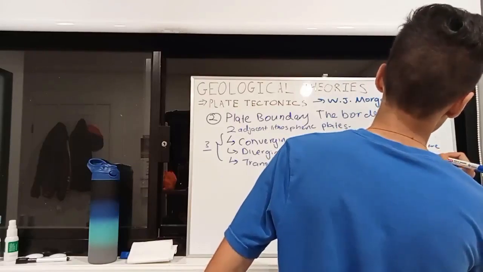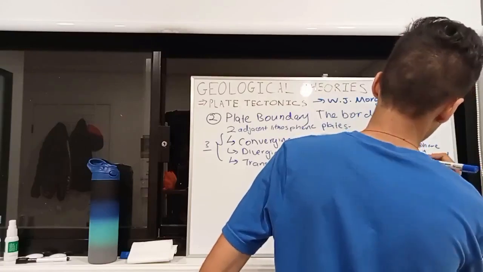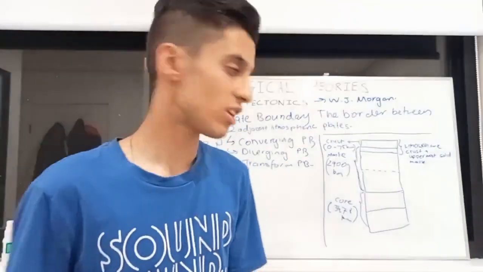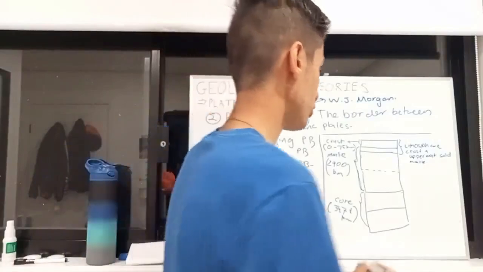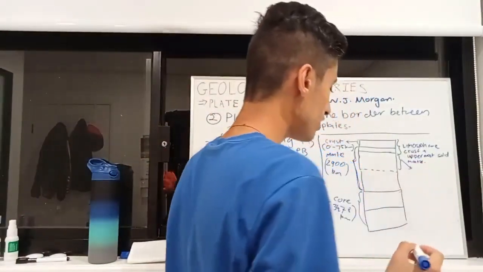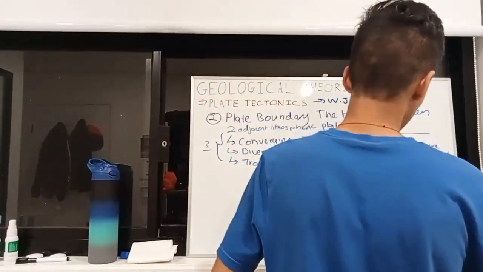That's your lithosphere. Then you have the asthenosphere. These are the only 2 key ones that we need to know for now.